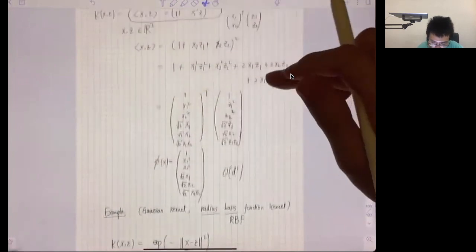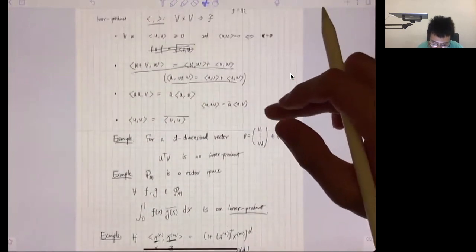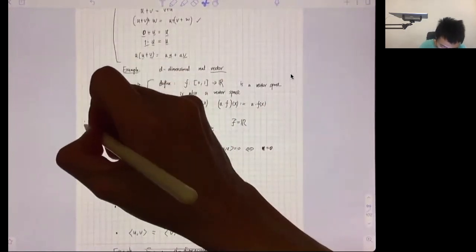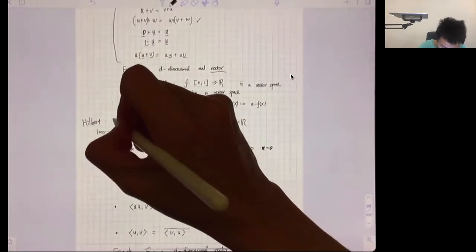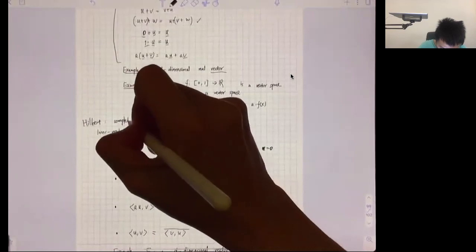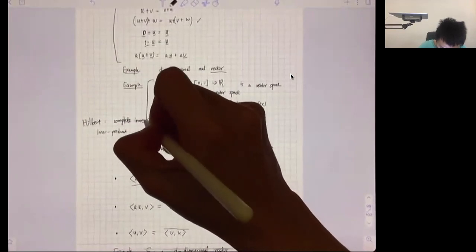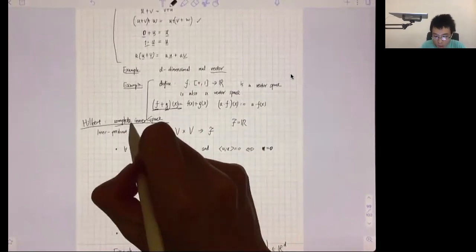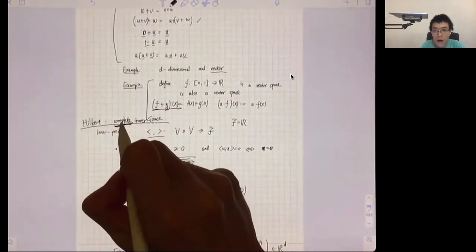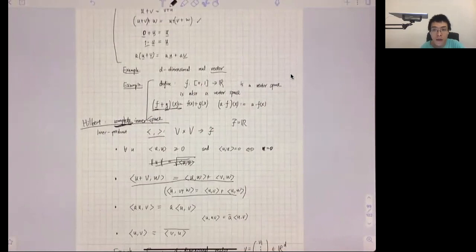Oh, by the way, a Hilbert space is a complete inner product space. So a real space is complete, a complex space is complete, but a rational space is not complete. So a Hilbert space is defined to be a complete inner product space.